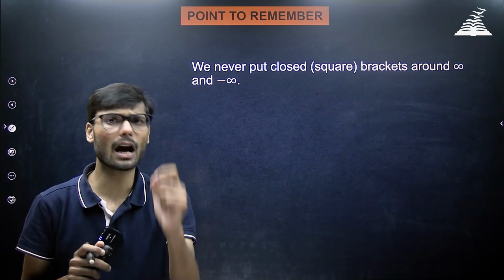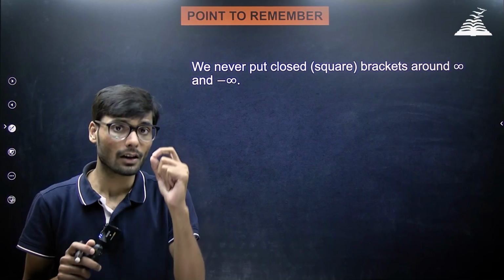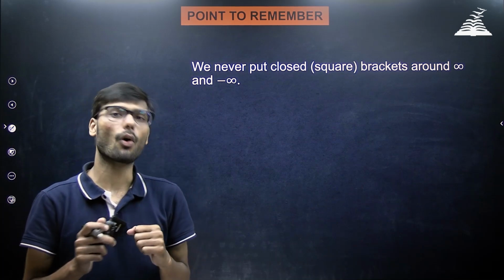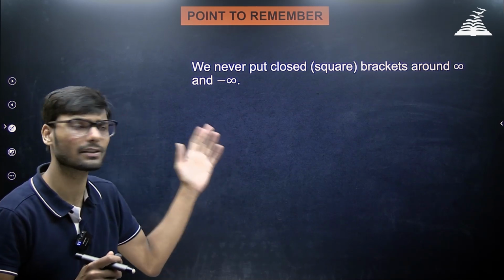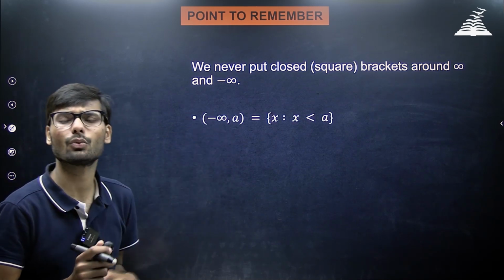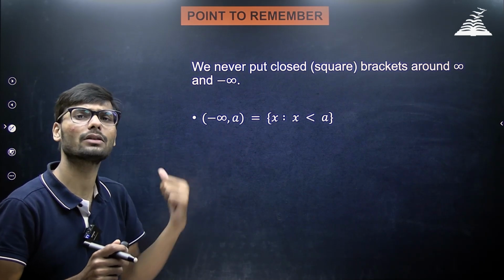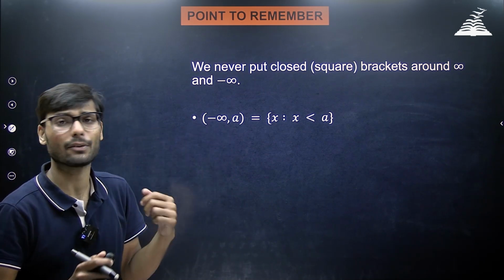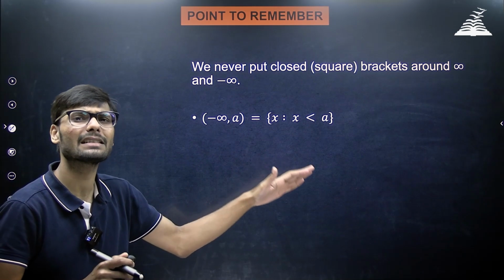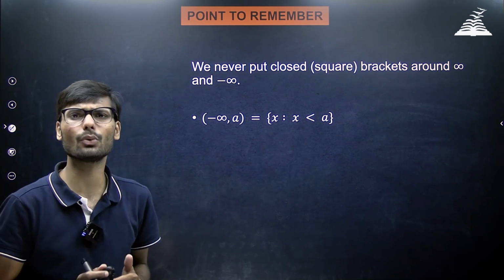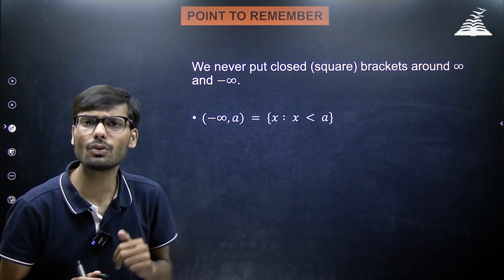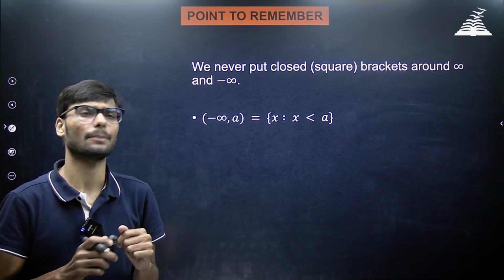That means we are supposed to put round brackets around infinity or minus infinity. For example, in case of something like this, you see minus infinity to A, both the brackets are open. What does this mean? This means x is a number that is less than A. It can't be equal to A because there is no square bracket at A.